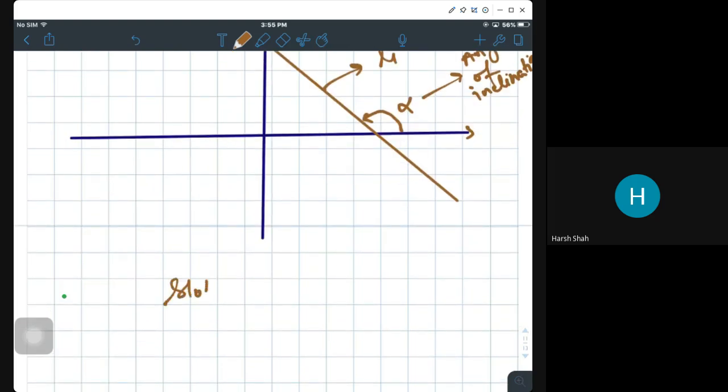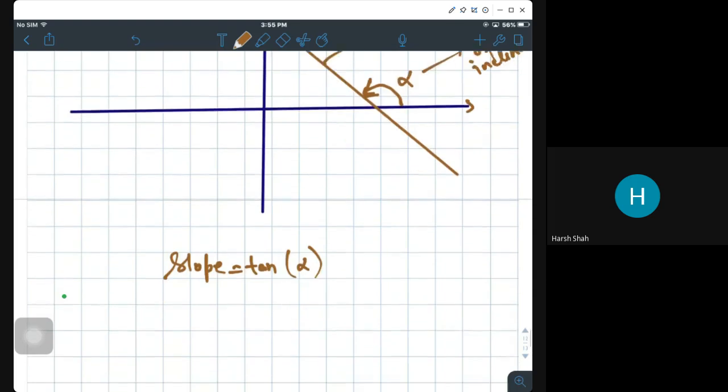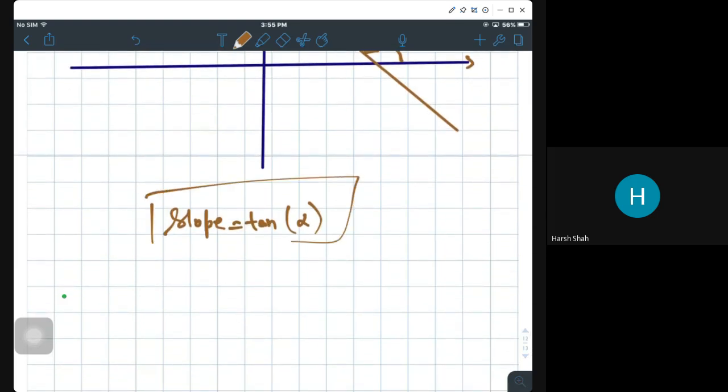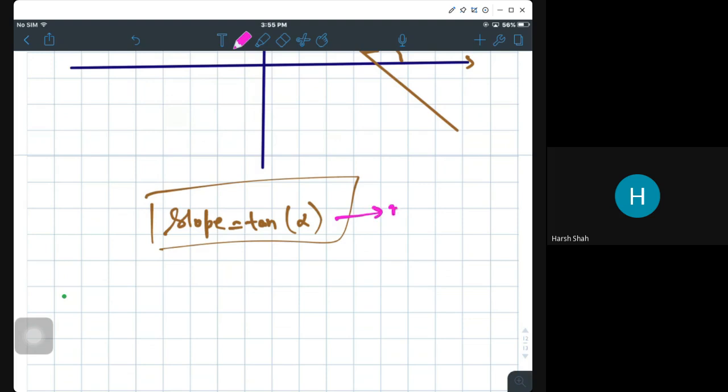So the slope is tan alpha, the tangent function of alpha. Always remember this is an anti-clockwise angle formed. This becomes my slope, and we denote it with m.